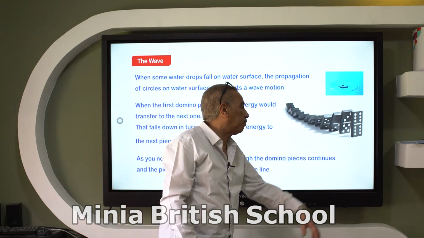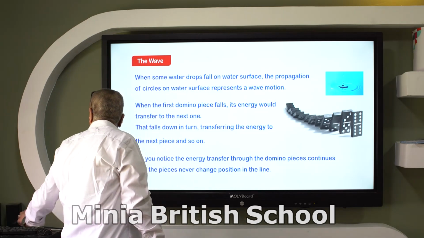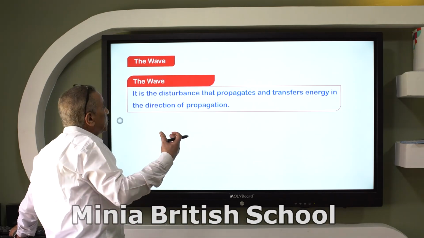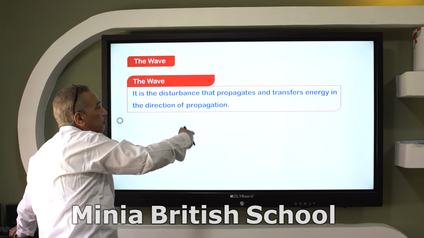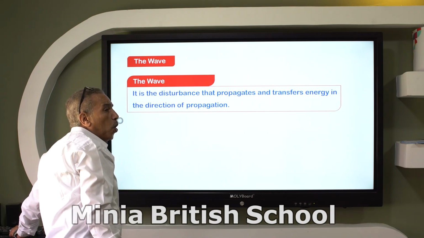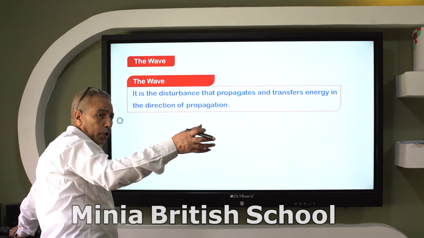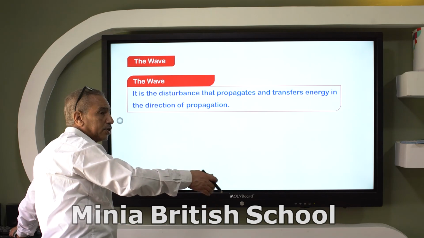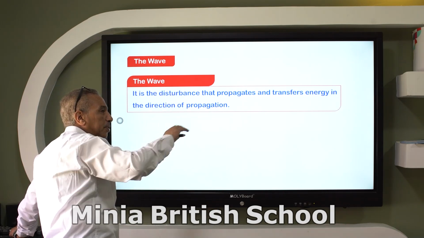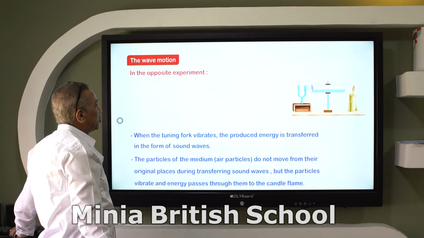So all of them will fall down. And this is the concept of the wave: a disturbance of the medium particles that propagates and transfers the energy in its propagation direction.